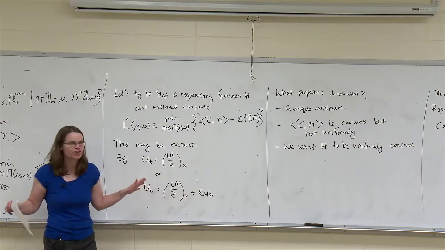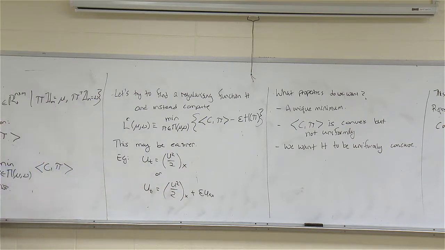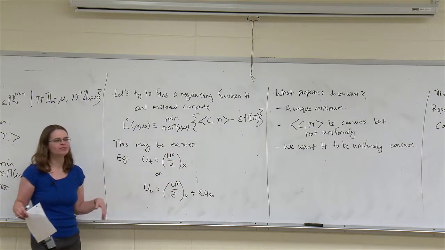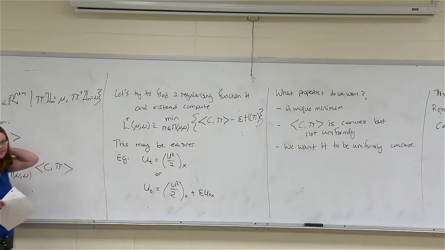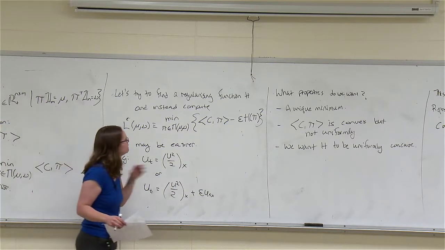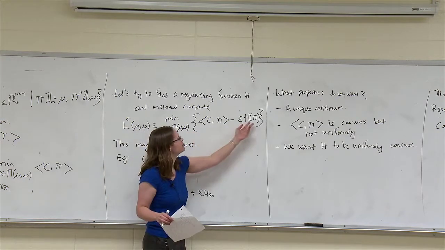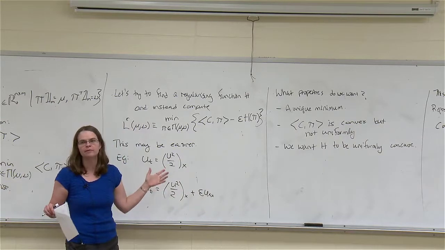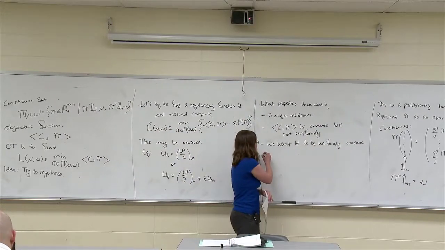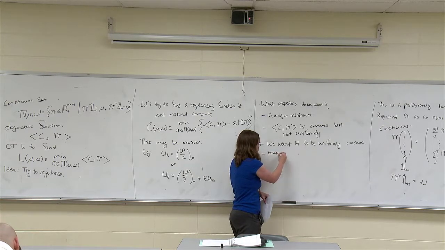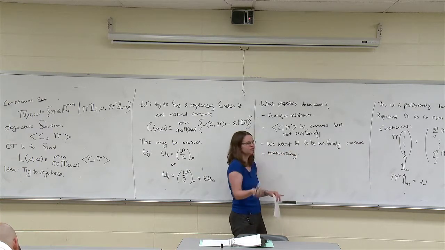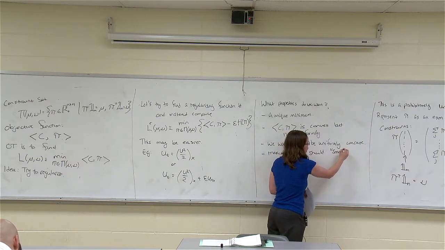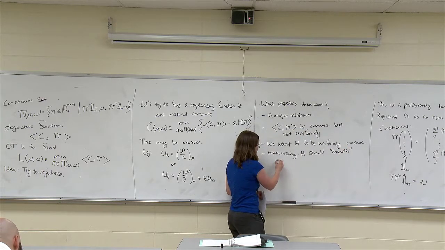A second derivative likes to smooth things out. So in some sense, we'd like H to smooth things out. Now, what does that mean? We'll have to think about that. Since we're minimizing something that involves minus H, maximizing H should try to make pi as smooth as possible, whatever that means.